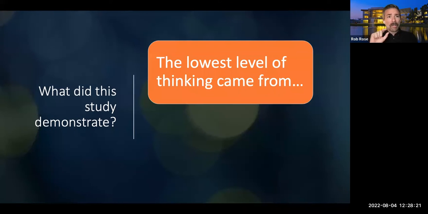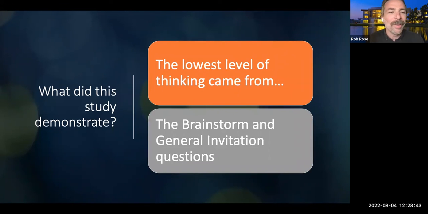They also mentioned that repeatedly what they found is that certain prompts were not good at generating higher order thinking. The prompts that were only able to produce lower levels of thinking were the brainstorm and general invitation questions.